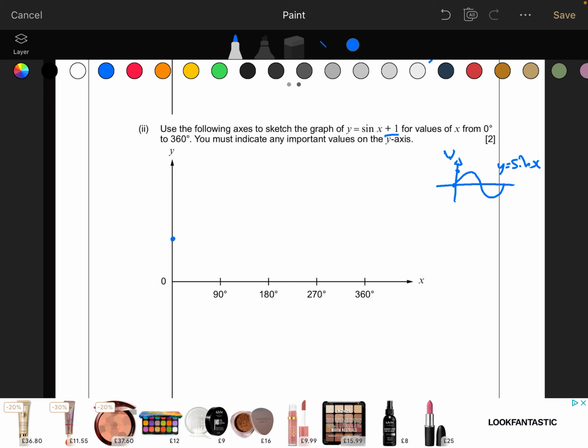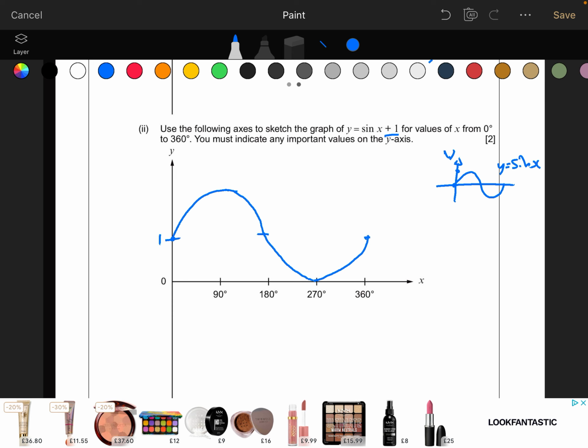So I'm going to start at, say, there, and the maximum value is going to go up to a 2, something like that. Then it's going to come back down to 1 here. Then it's going to go down to 0 here, and then back up to 1 there.